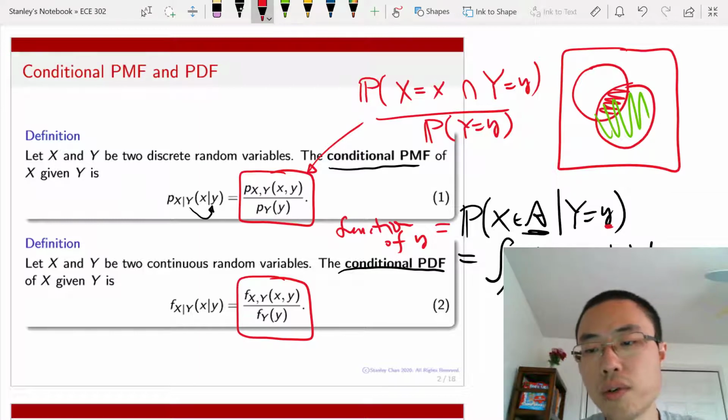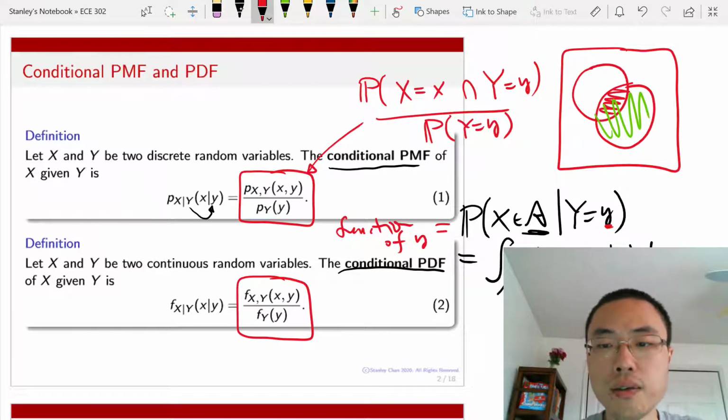When you do the integration, all the x will be gone, but you will still have y left. So this is really the meaning of a conditional PMF and conditional PDF.